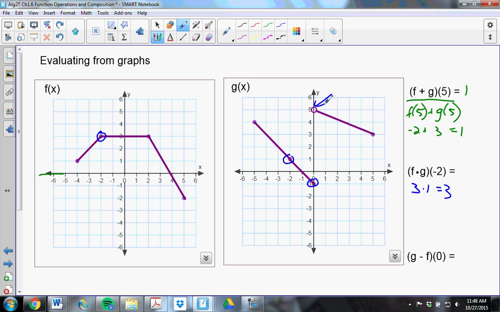It's not that one. That's an open circle. Don't grab that one. It's this one. It's going to be 1 minus f of 0 is 3. So it's 1 minus 3 to get negative 2. People start thinking this is like g minus f times 0. They're not being multiplied. It's function notation. We're doing g of 0 minus f of 0.